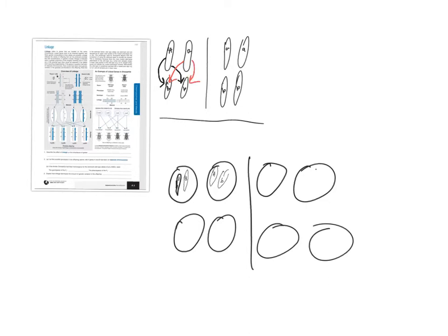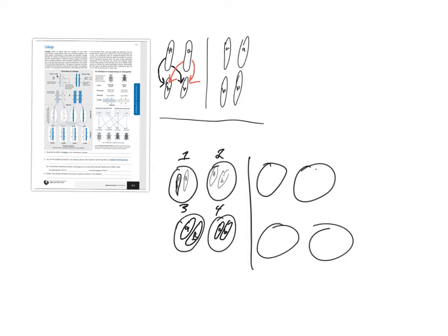So now we have a possibility of having a little a combined with a big B and a little a combined with a little b. So we have 4 different kinds of zygotes that can be produced.